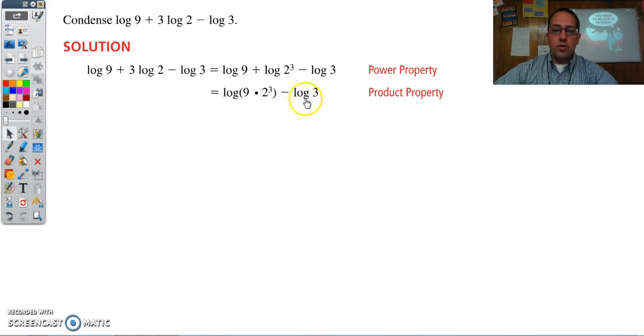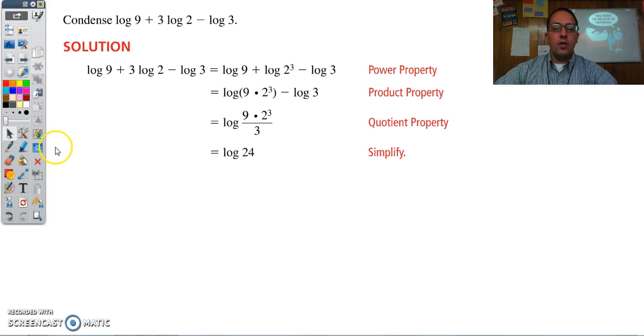Well, subtraction is the same as dividing the arguments. So we have common log of 9 times 2 cubed divided by 3. And this still can be simplified some more, so we're going to stick that in a calculator, work it out, and we end up with common log of 24. All right. So all of this is just that right there. All right. Makes it a lot nicer.